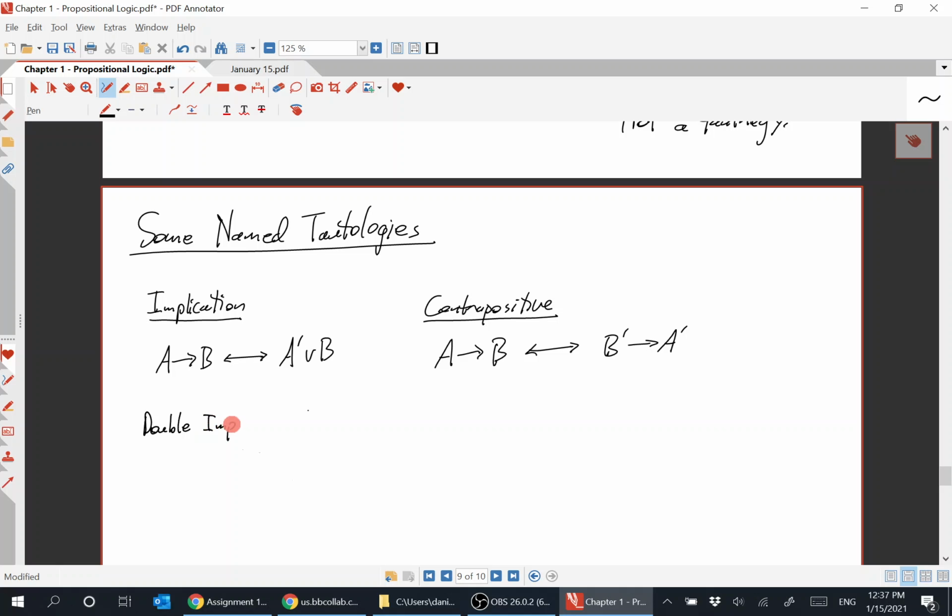All right, implication, contrapositive, double implication. Someone mentioned this last time. A if and only if B, yes, I do need the parentheses there, is logically equivalent to A implies B and B implies A. Hence the term double implication.